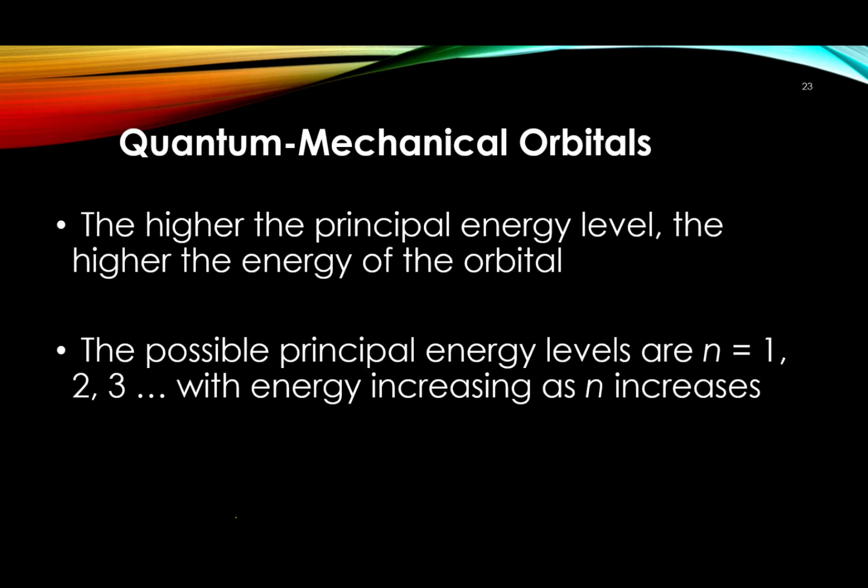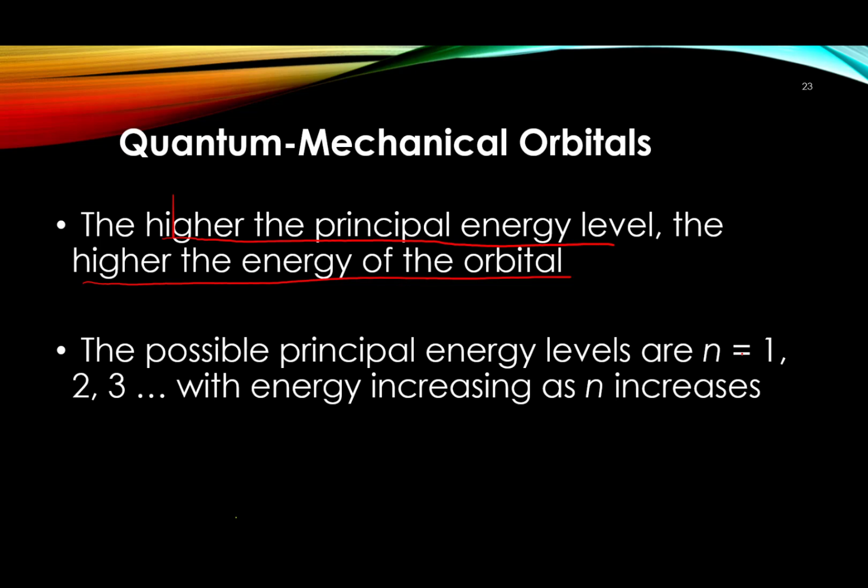Now also, the higher the principal energy level, the higher the energy of the orbital. That means if you compare principal energy levels 2 and 3, principal energy level 3 has higher energy.